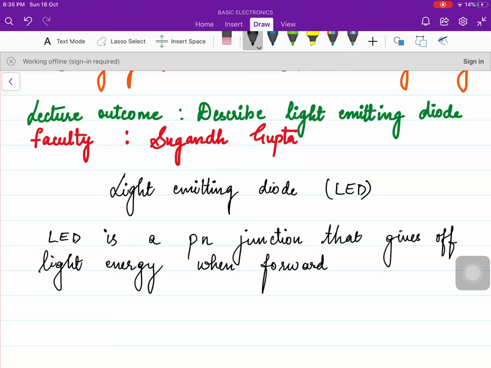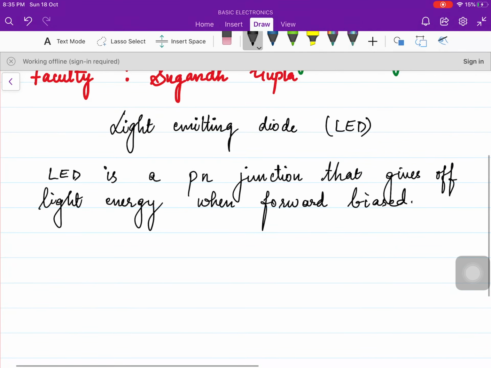So this word forward biased is very important. Whenever you are asked the principle of operation of LED, you must include this: that LED is a PN junction which gives off light energy when it is forward biased.